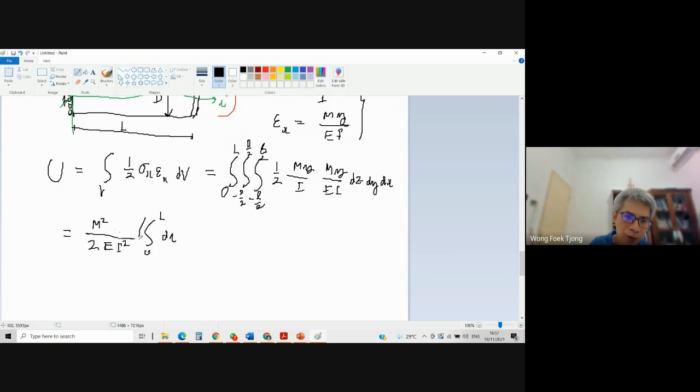I can write it like this, okay, times the integrals of dz and dy, integrals of minus d over 2 to d over 2, minus h over 2 to h over 2, y square dy dz.